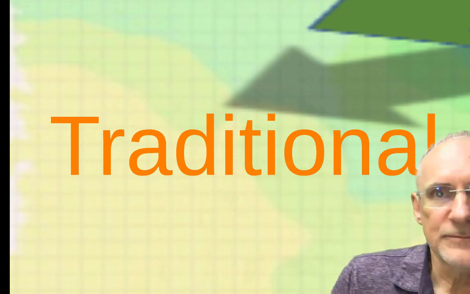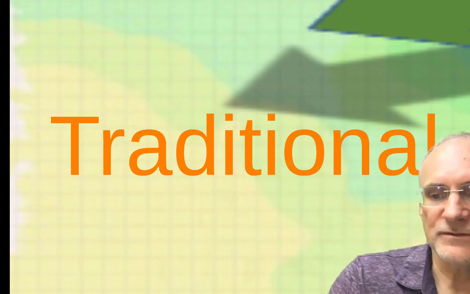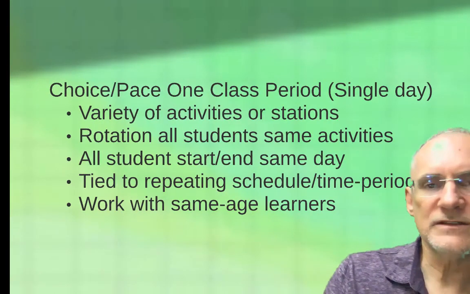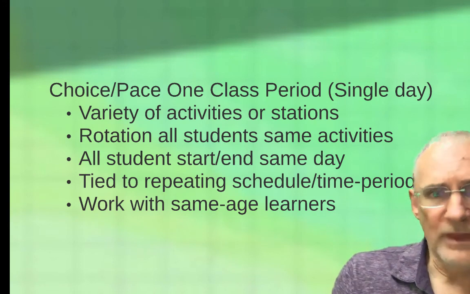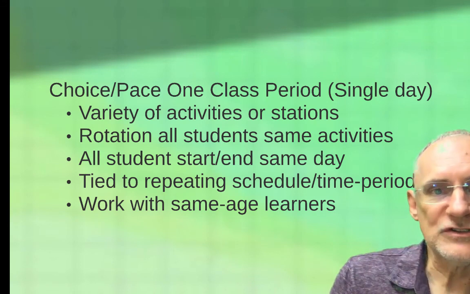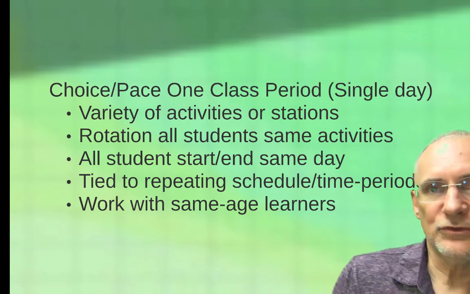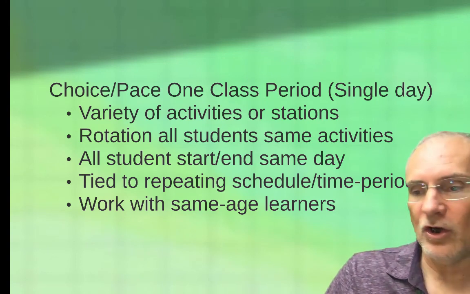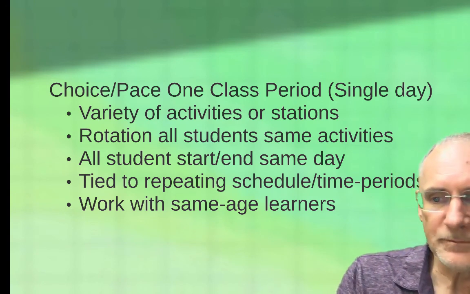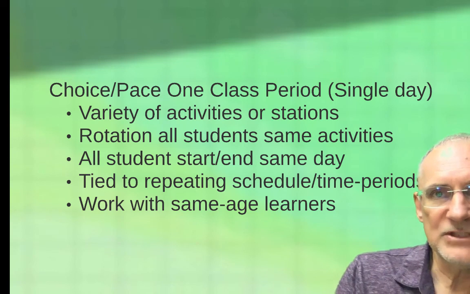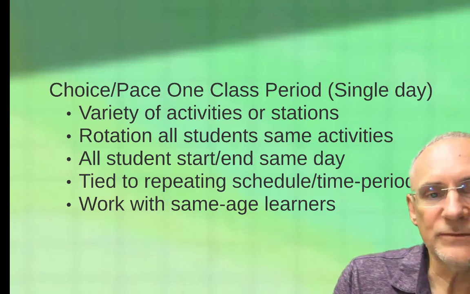Typically, it may be giving choice to students, giving them some activities that involve choice. So one of the easiest ways to do this is maybe in a single class period, you may have set up some stations or a variety of activities where students can go and choose different things. And they all contribute to the same standard, the same skills and learning that we want students to have. But it gives them a chance to be exposed to that in a variety of ways.